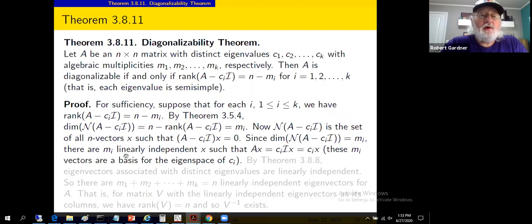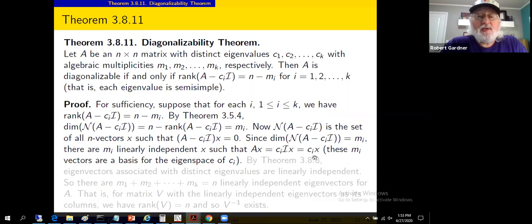So there are m sub i linearly independent x satisfying this condition, Ax equals c sub i x, equivalent to saying A minus c sub i times the identity times x equals 0. Distribute the x and rearrange, and it produces this.